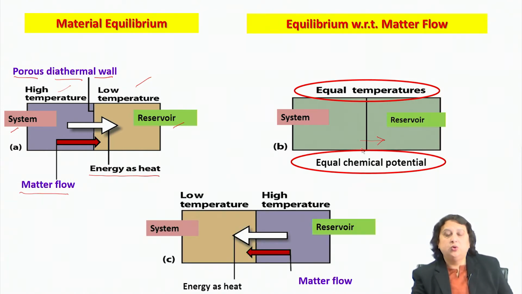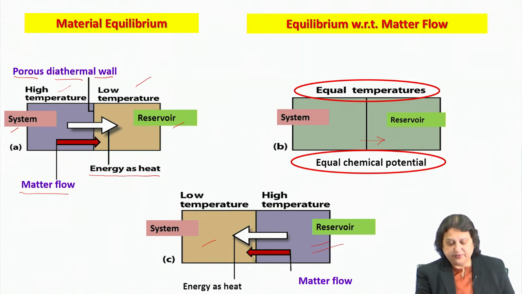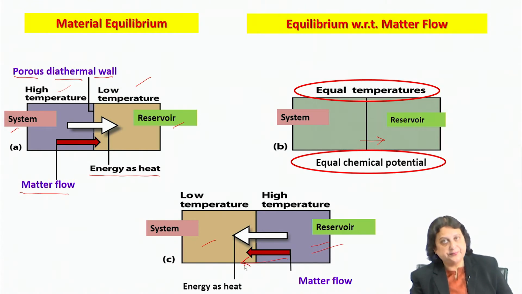Of course, you could have induced a transfer of matter from the reservoir to the system if you allowed the reservoir to be maintained at a higher chemical potential. Then matter would flow from the reservoir in the direction of the system.